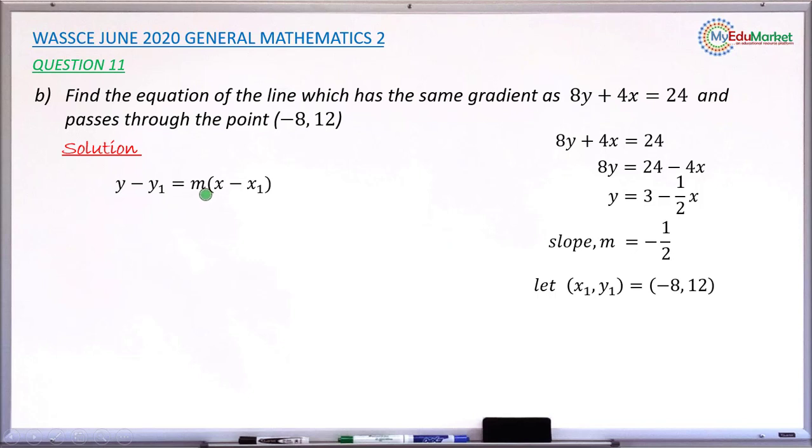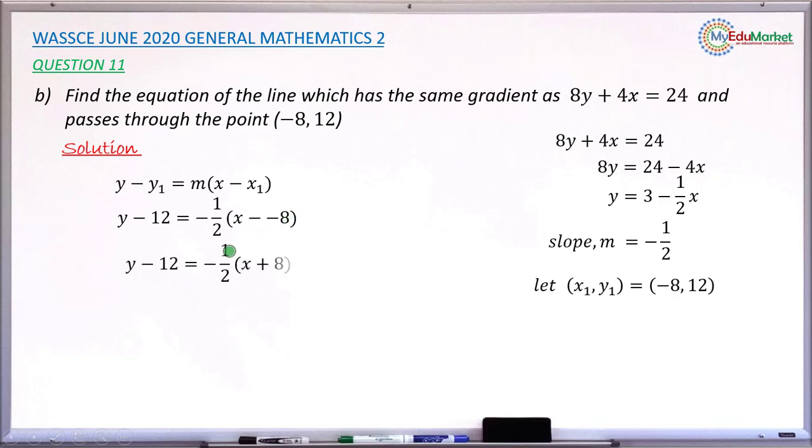So I'm going to have y minus y1, instead of y1 I'll replace it by the y coordinate here, which is 12, equals my slope m, which is minus 1 over 2, multiplied by the bracket. Inside the bracket, I have x minus x1. x1 is minus 8. So I'm going to have x minus minus 8.